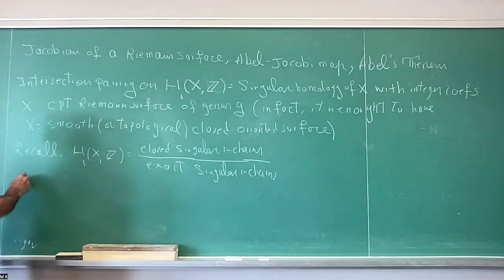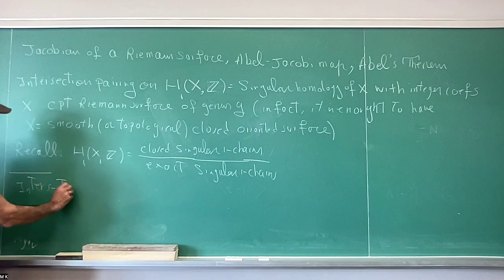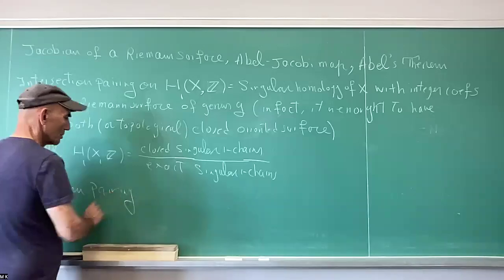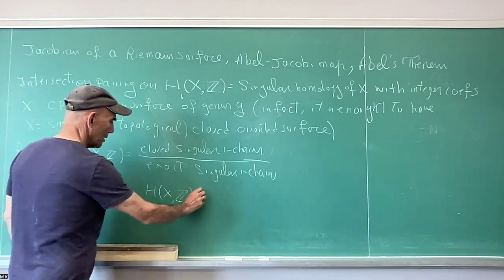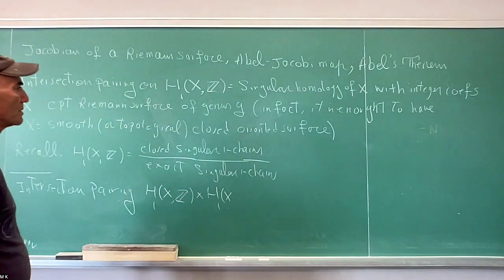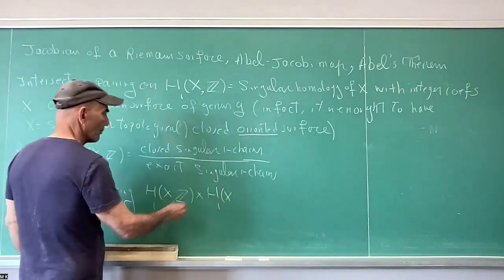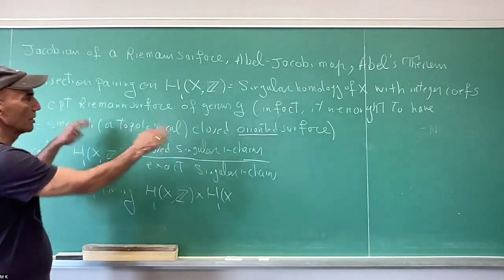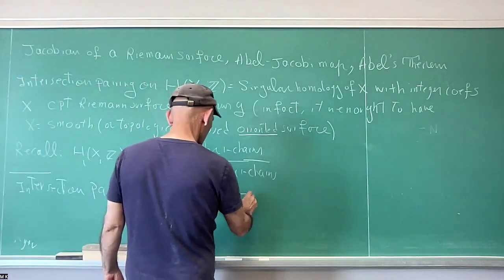Now, what we want to do, so intersection pairing is the following thing. It's a bilinear pairing, H1 of X and Z times H1 of X and Z to Z. Did I say oriented here? Well, yes, I said it's quite important. But a Riemann surface has a canonical orientation, as we know, so all conditions are satisfied for a compact Riemann surface here.